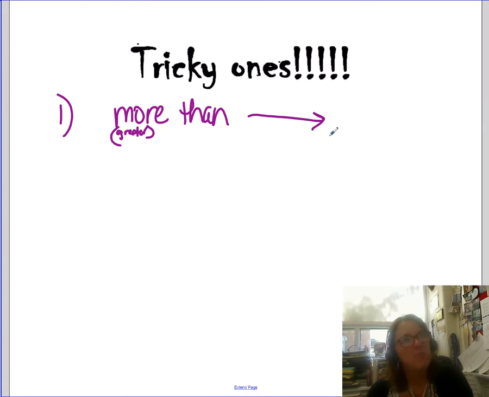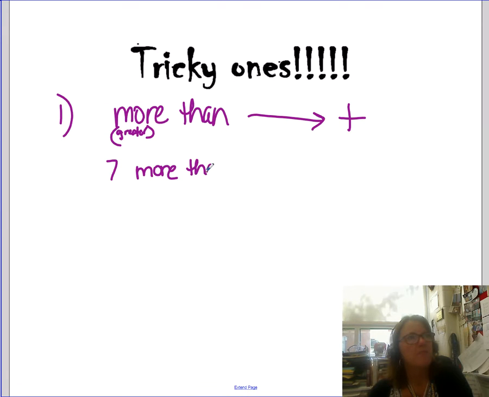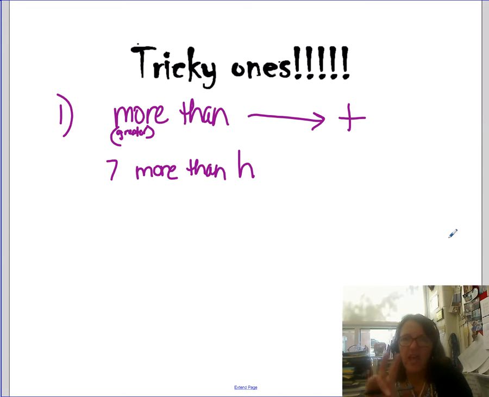More than implies the operation of addition. Correct. When you are speaking it in words or you see it written, so if I say something like 7 more than h, okay? Yes, it means adding. And technically, adding can be done in either order, so that's okay. But really, when we read this, 7 more than h, 7 becomes the object. 7 is what's being added to something else.